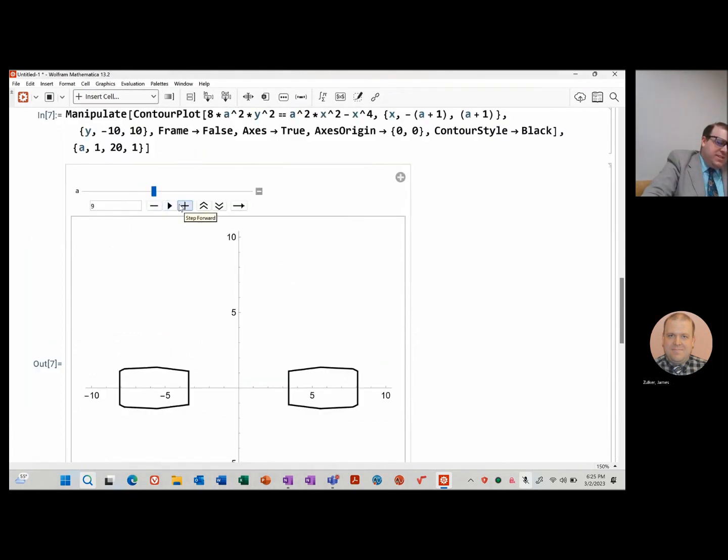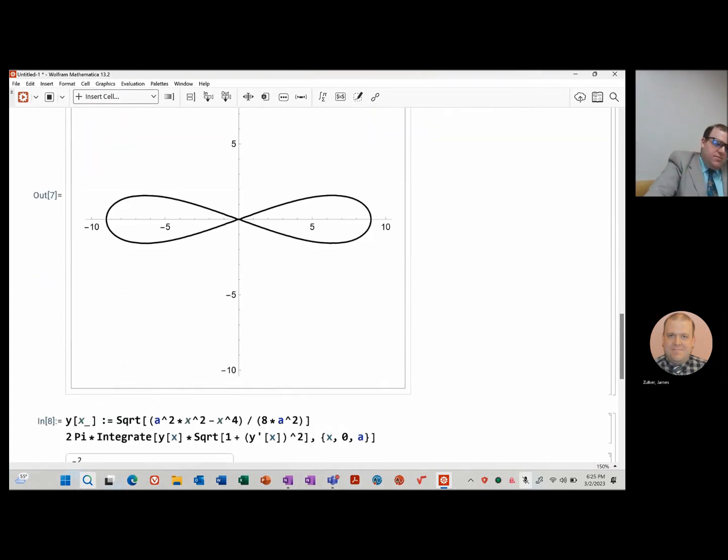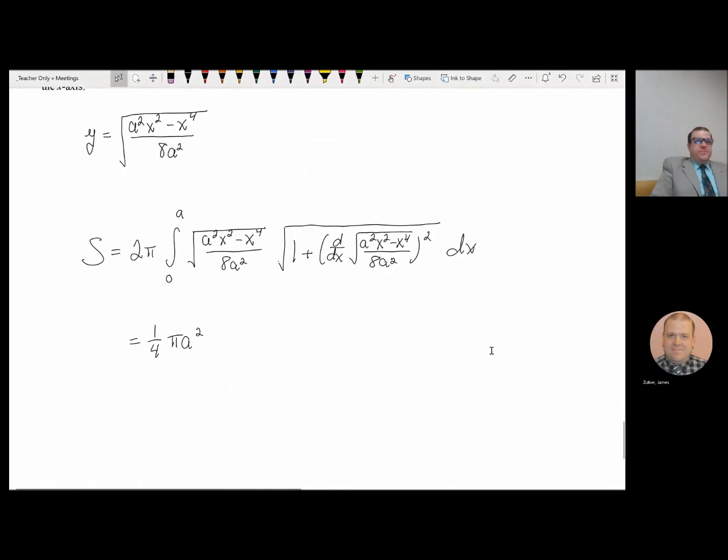Because if you keep moving this, you see that that's going to keep extending out to whatever a happens to be. So that's why it was 0 to a. Those integrals are not going to be nice integrals typically. Technology is going to be your best friend here.